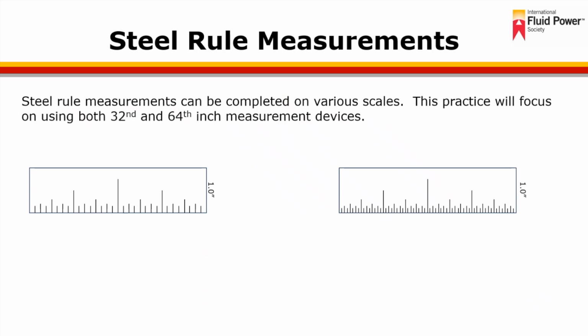You may also find 32nd inch scales, 64th inch scales, 100th scale, and so on. The scale identifies the number of divisions present per inch, with the higher number indicating a greater number of divisions and correspondingly a smaller increment of measure. This practice will focus on both the 32nd inch and 64th inch measurement devices.